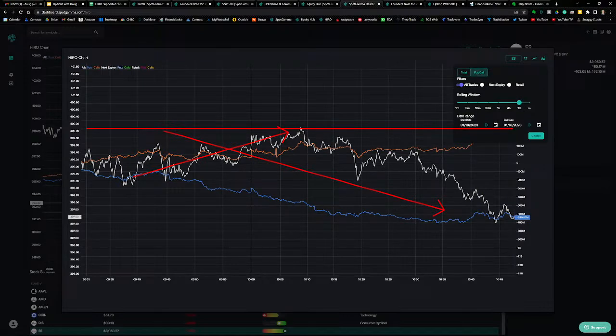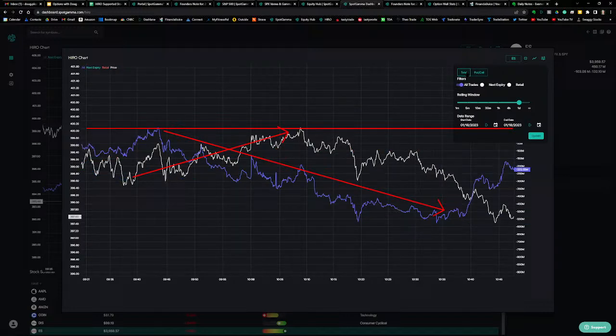So they were buying puts, and that's shown by the falling blue line. So as price was moving up, they were buying puts, anticipating a move lower, and market makers responded later at the 400 call wall.